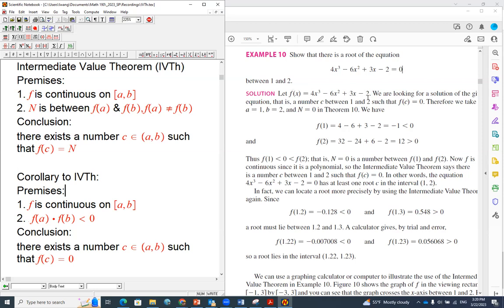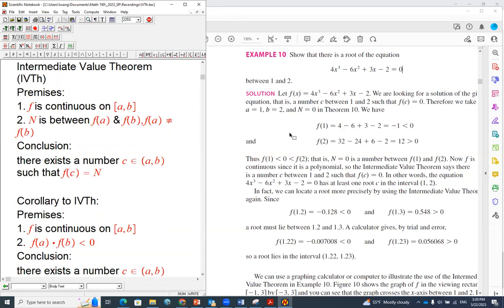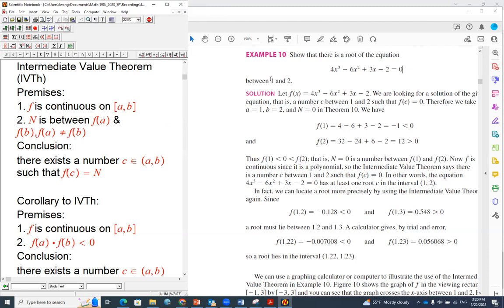Because it's a polynomial, it is continuous everywhere on the number line, and certainly it is continuous on the closed interval between 1 and 2. So the first condition is satisfied. Then we check f of 1 and f of 2, which is f of A and f of B. You see, one is negative, one is positive. The second condition is satisfied.